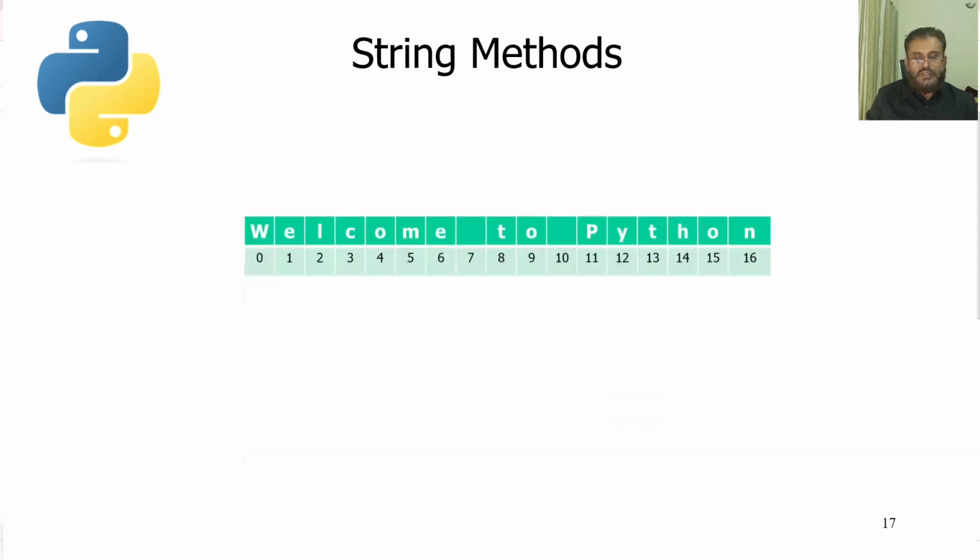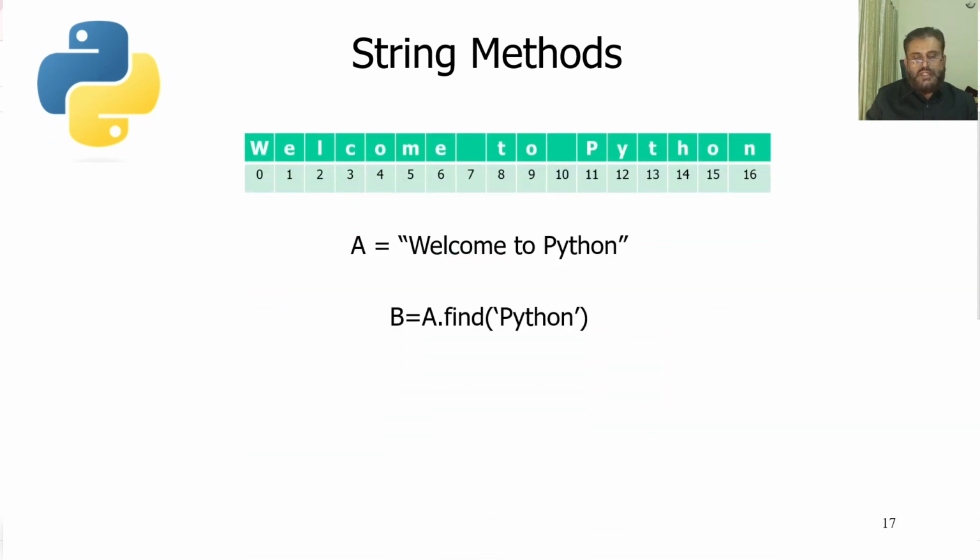Another interesting method is the find method. What it returns is, if the substring exists in the given string, we are invoking it on the string a. The find method is being invoked on the string a. If this string exists, then it will return the index of the first character of the substring which we are trying to find in the given string.